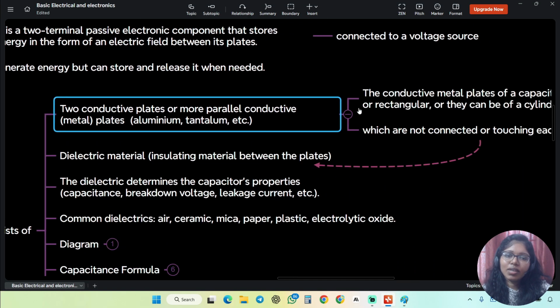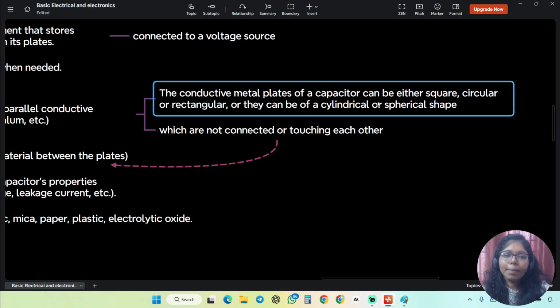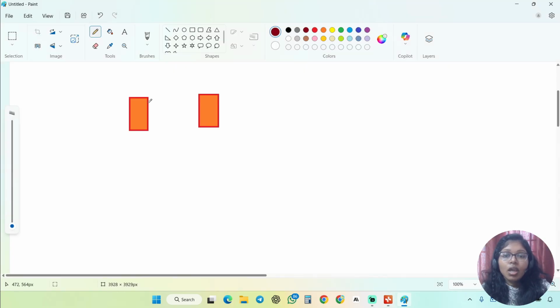What about the insulator? The conductor material of the capacitor can be square, circular, rectangular, or cylindrical in shape. We might have seen the capacitor symbol, which indicates these two are metal plates.